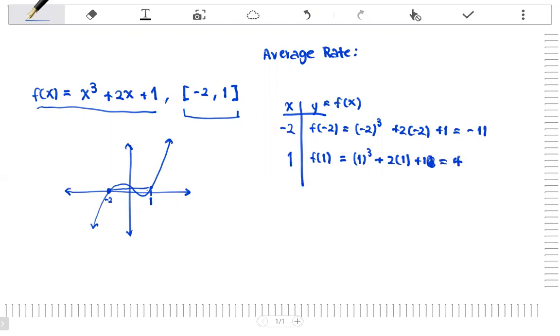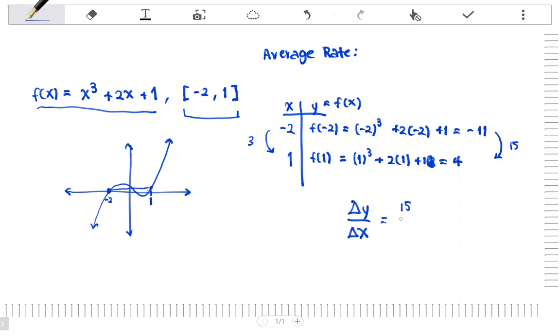It's 4, right? So the average rate is the change in y over the change in x. That's the main thing. So here we see that from y, we increased by 15, right? And from the x value, we increased by 3. So what's our change in y? 15.